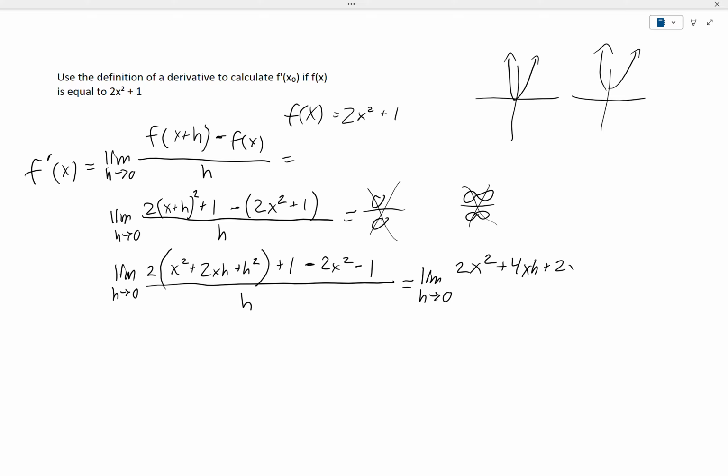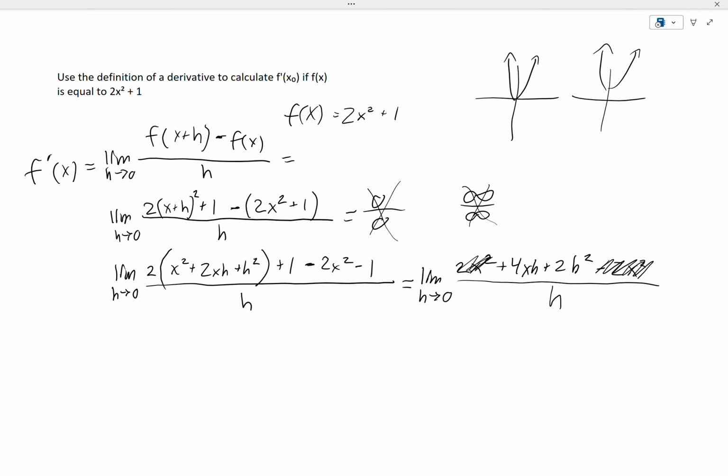Plus 2h squared. And I'm canceling that positive 1 with the negative 1. So this just becomes minus 2x squared. That's all over h. And as you can see right here, we got this term up here and this term up here. That term cancels with that term. And we're just left with this mess involving h's.